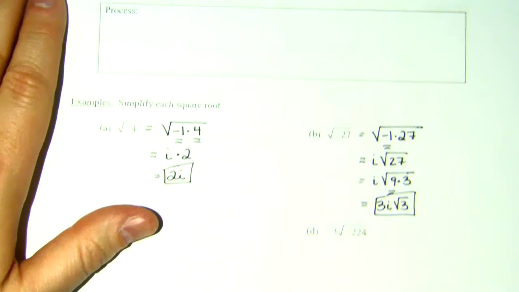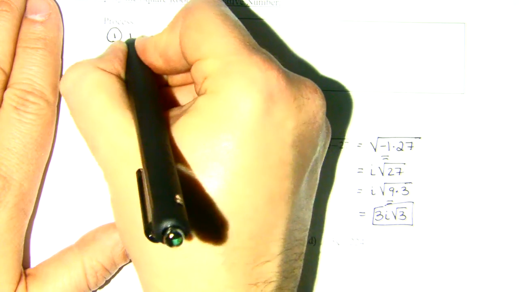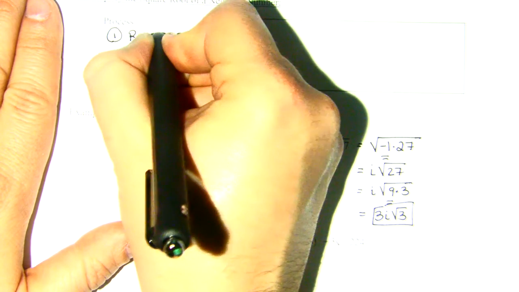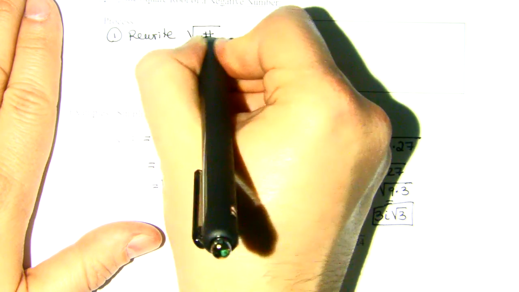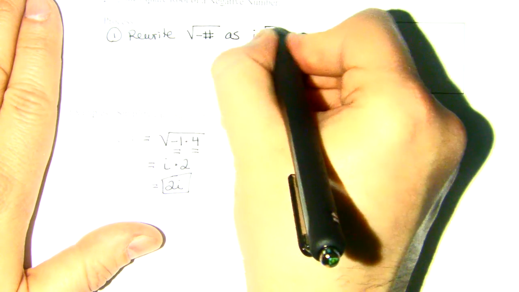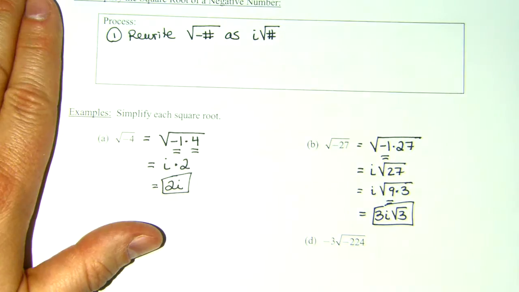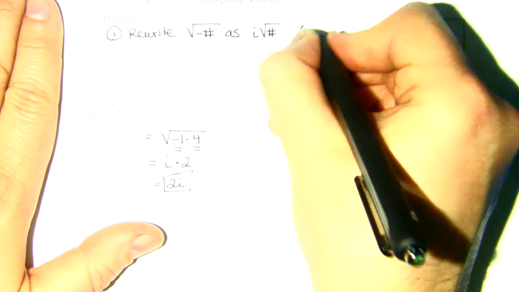Let's fill in our process. Step number 1, we're going to rewrite the square root of some sort of negative number as i times the square root of just the number. And why are we allowed to do this?